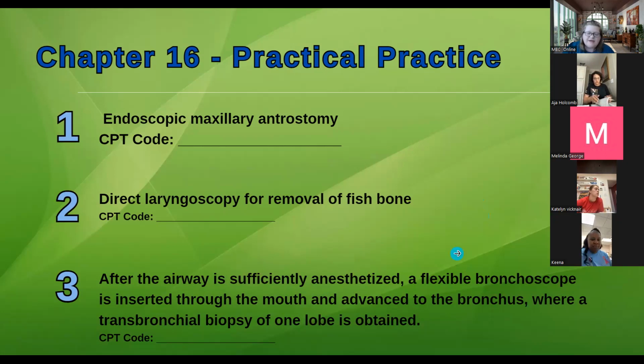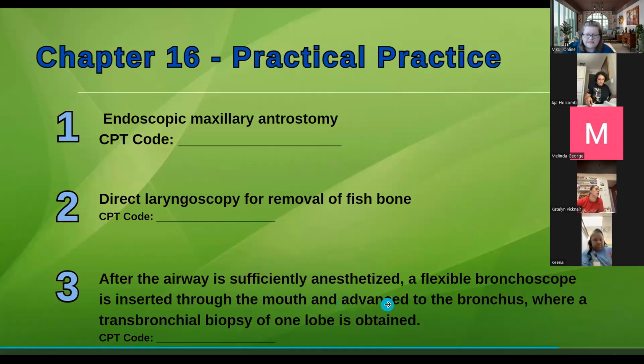So I'm thinking that there's a fair amount of information in here that's not particularly relevant to our one CPT code. But okay, so the airway is anesthetized, bronchoscope inserted through the mouth, bronchus, transbronchial biopsy. I'm thinking that's where we go.